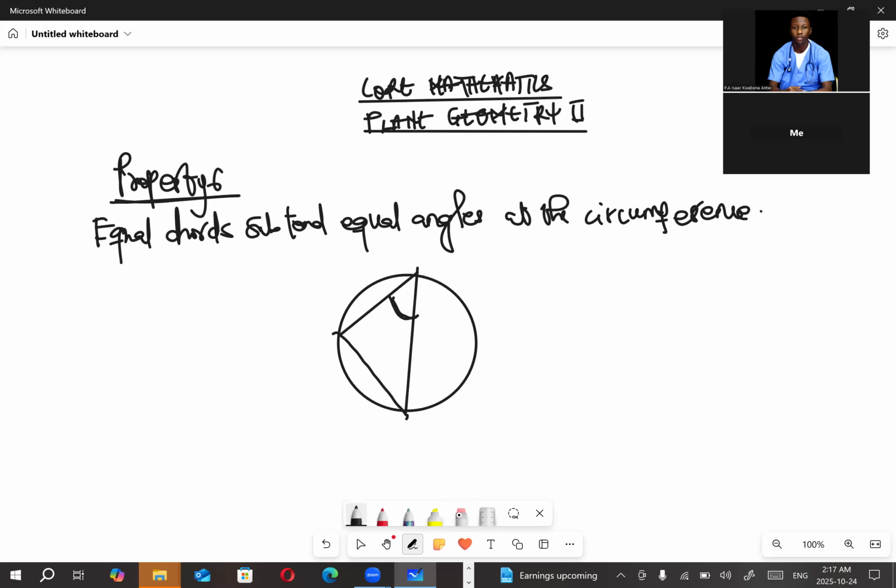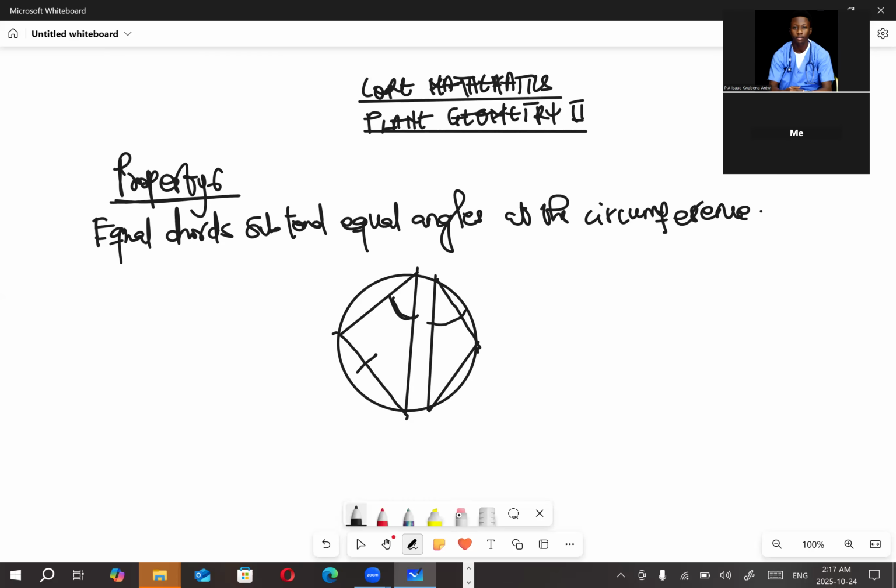What is the angle made? At the circumference. Now let's have another chord. This chord also makes an angle, and the angle is made where? On the circumference.